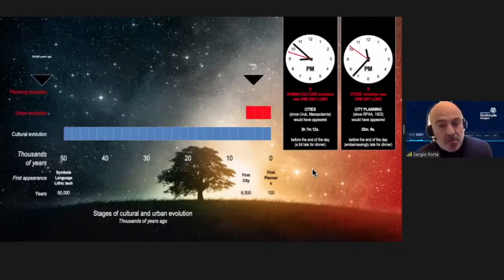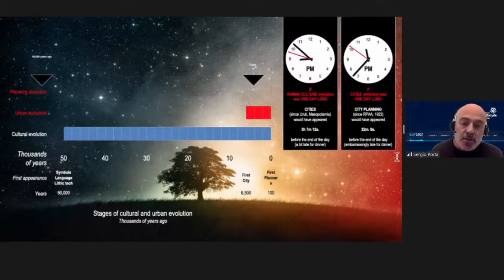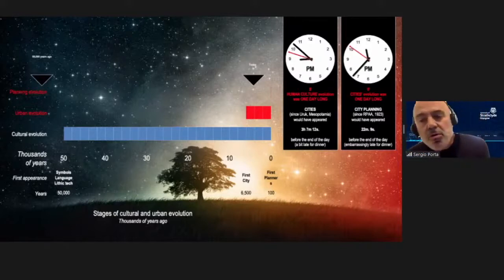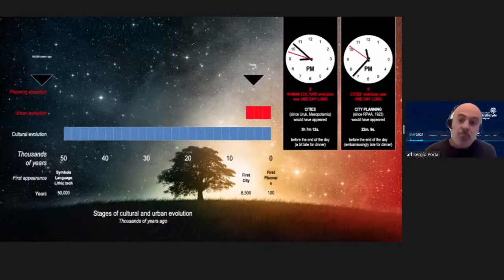And if the urban evolution, so if these last 3 hours were 24 hours long, we as planners, or city planning as a professional discipline, as we know it today, would have appeared 22 minutes and 9 seconds before the end of the day. So the point I'm trying to make here is that cities have been out there for a long, long time before planners came to stage, and judging from those beautiful images we saw before, it is difficult to defend the idea that the advent of planners was a good idea in the first place.